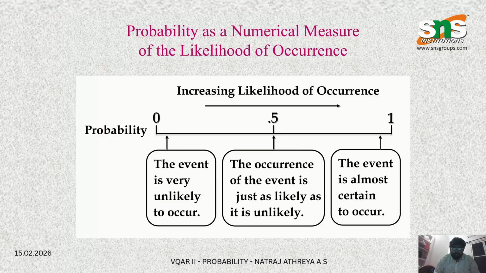It's a 50-50 chance. Like if you toss a coin, the chance of it landing on a head or a tail should technically be 50%, but due to the weight or the type of coin, it might change a little bit. And the last one: if it is 1, the event is almost certain. It is very certain that it is going to happen without any doubt.